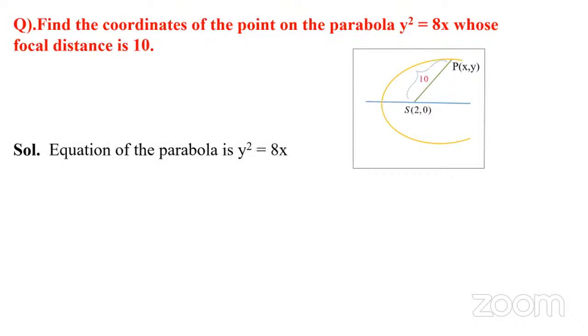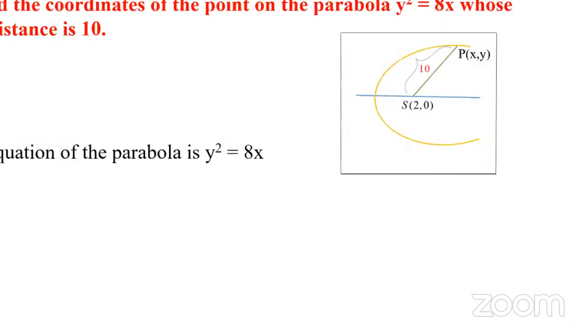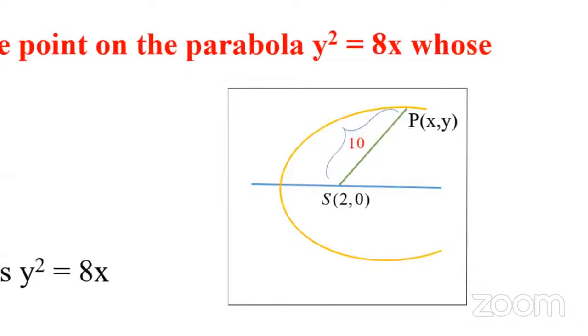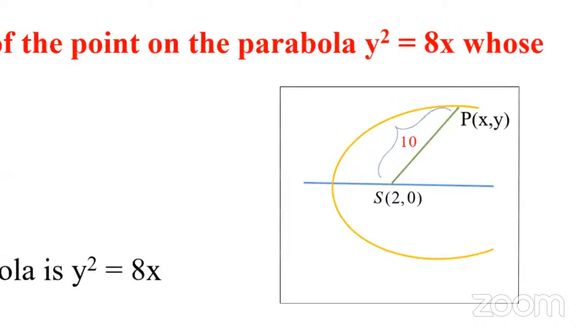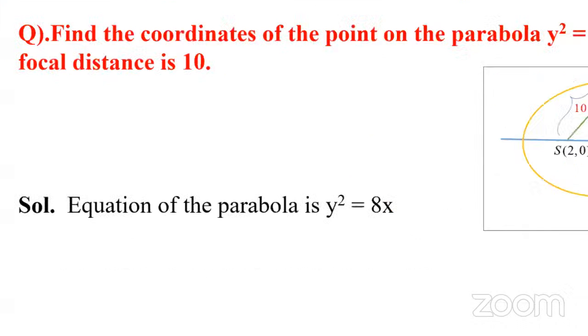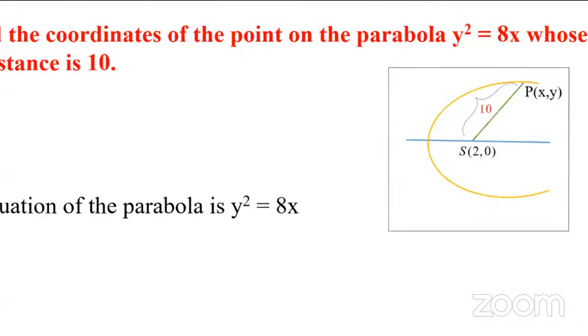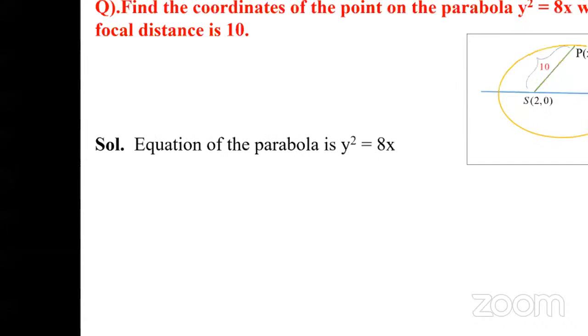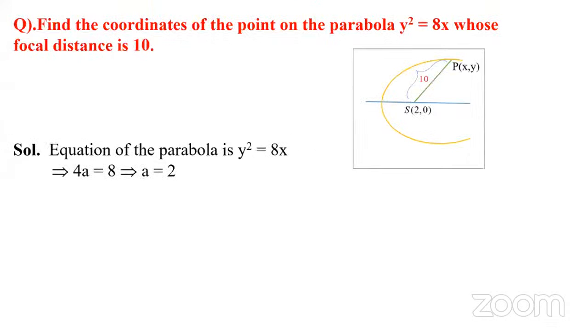Here the equation of the parabola is y square equal to 8x. The focus S is (2, 0), as we will find. We have to find P(x, y), and we know the distance between S and P is 10. Comparing y square equal to 8x with y square equal to 4ax, 4a equal to 8, so a equal to 2.